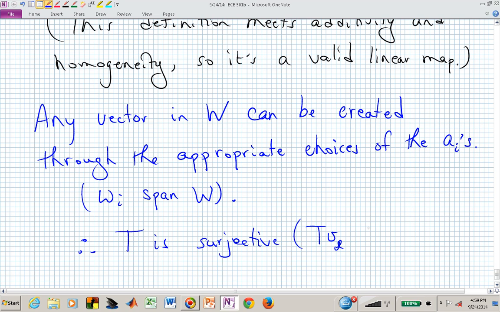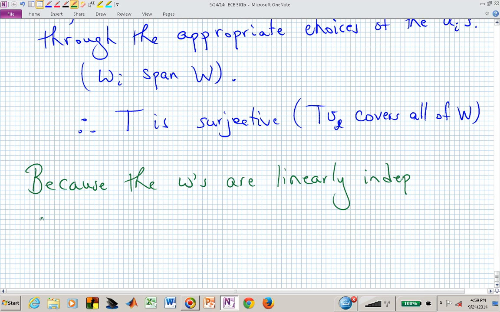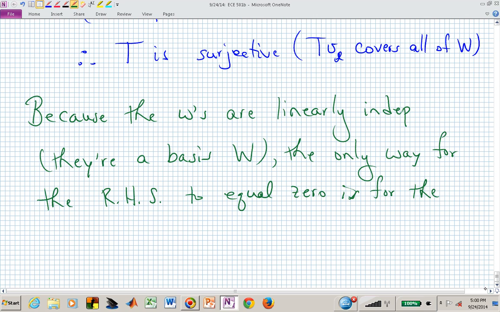Or these Tv sub i's cover all of W. Now, because the w's are linearly independent, and we know that because they're a basis of W, the only way for the right-hand side above to equal 0 is to have what for the a sub i's?